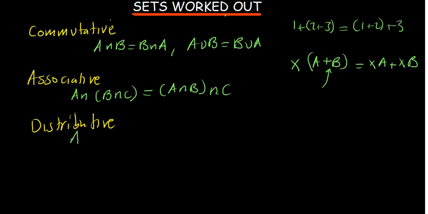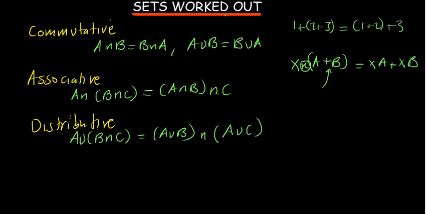So if you've got A union B intersection C, so take it that there is a multiplication sign here. So you are going to get this A union, you distribute with B. That is going to give you A union B. Then get the sign that is on the middle there, which is the intersection. And then the A union also distribute it with C. So that will be A union C.